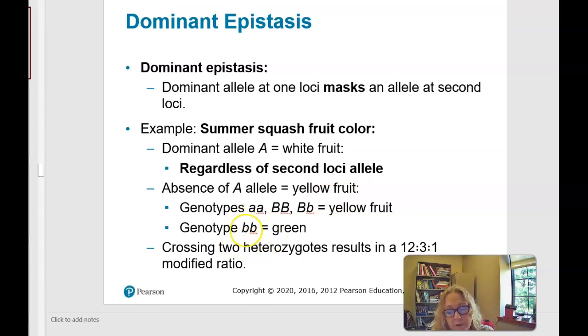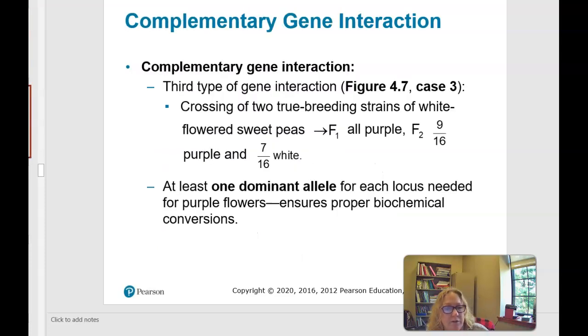And if you have little b, you have a green fruit. So can you see this is going to be a weird genetic ratio? We may have to do one of those in class. But if you just think through it, you're like, okay, this is dominant to that. A is dominant to everything, and you get a white fruit if you have any A in the equation. So that is going to look like this. You do the third generation.